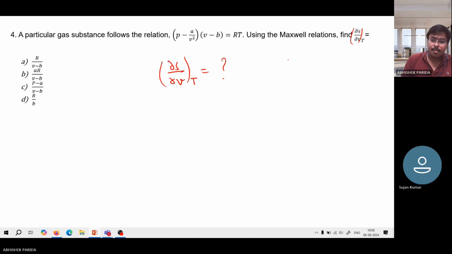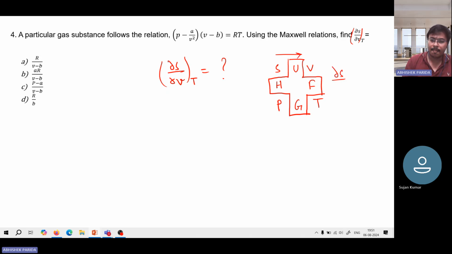Let's see. So what is dou S by dou V? Dou S by dou V at constant T is equal to dou P by dou T at constant volume.